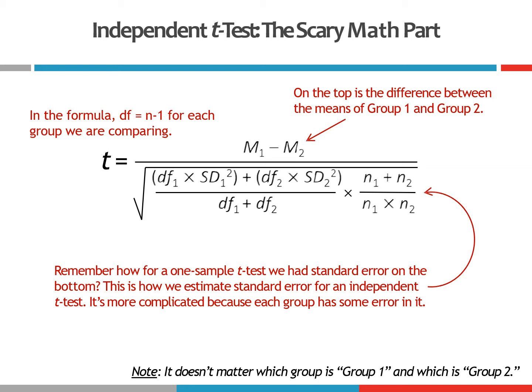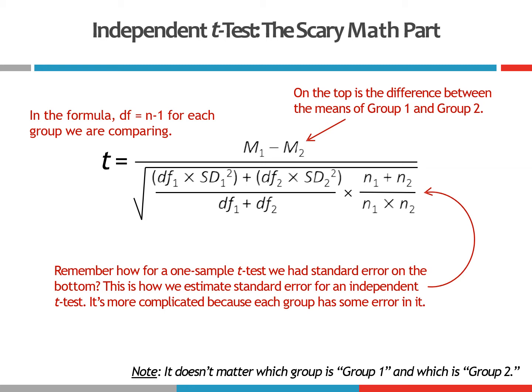Okay, well, first let's talk about notation. Okay, so here you see df1, df2, df1, df2, right? What does that mean? That means degrees of freedom for each of your groups. So df1 corresponds to the degrees of freedom for group 1 in your sample. df2 represents the degrees of freedom for group 2 in your sample.